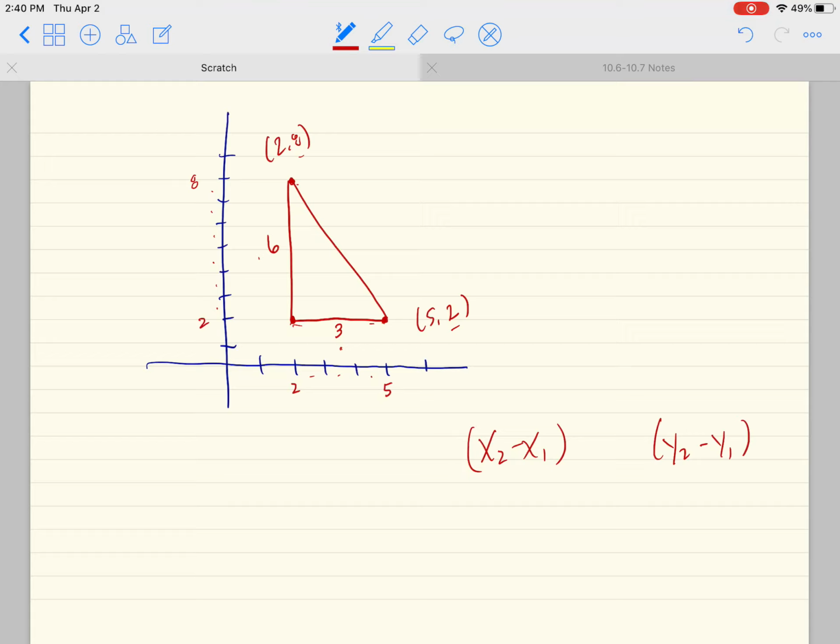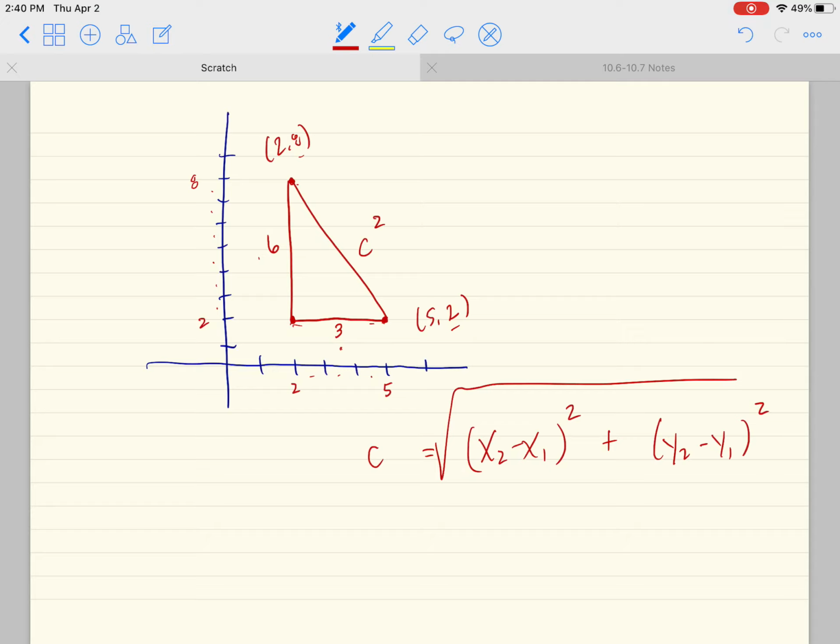So the distance formula says, take those 2 x values and subtract them, and then take those 2 y values and subtract them. That's going to give you how far you are here and how far you are here. So that distance squared plus that distance squared, well, that's supposed to equal our missing distance squared. And to get rid of the square, we take the square root.